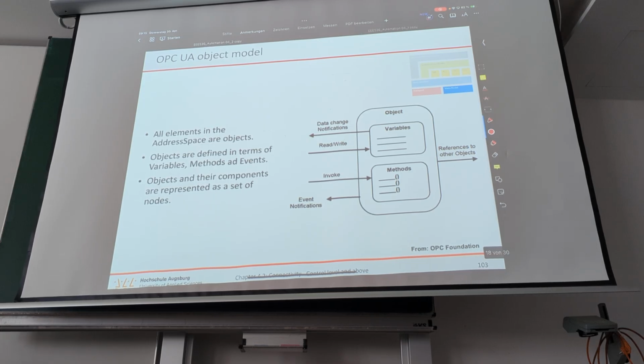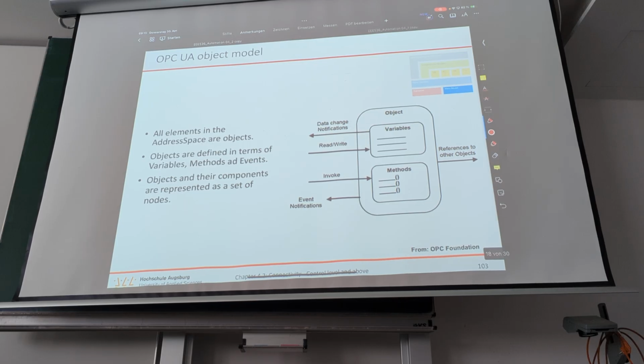And objects have references to other objects, so the object model is just an object-oriented view of your real-world machine structure and processes. The object is a set of nodes, because it's just objects connected to other objects, and we try to represent your physical world.